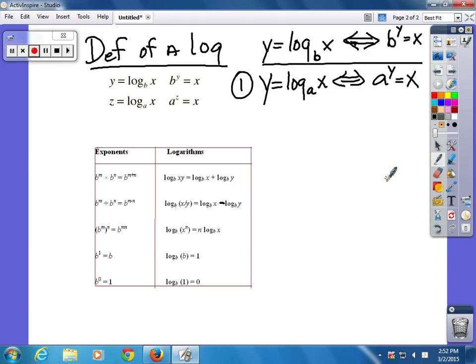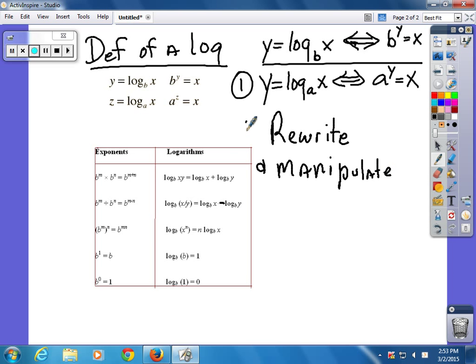Now, most of the time in this chapter, you're going to learn how to rewrite and manipulate logarithms. That's the first thing you're going to learn. All right?